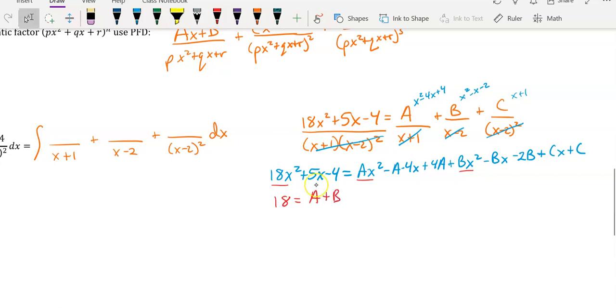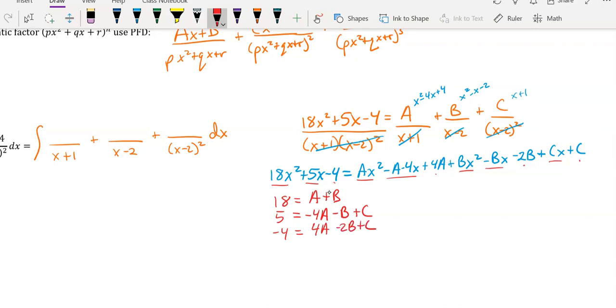And then for my linear terms, I have a 5 and a negative 4a and a negative b and a positive c. So 5 equals negative 4a minus b plus c. Okay, and then for my constant terms, I have negative 4 equals 4a minus 2b plus c.